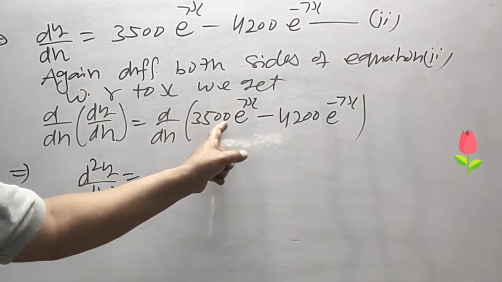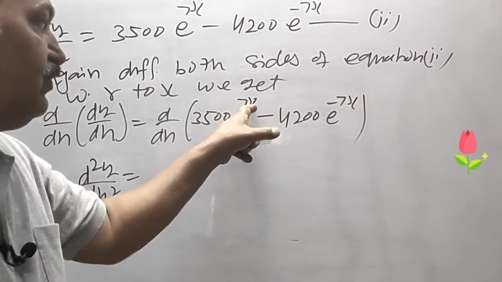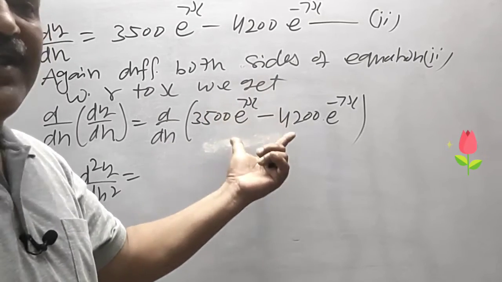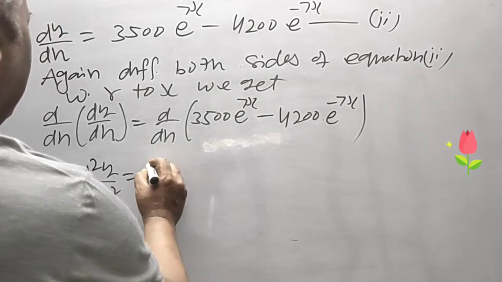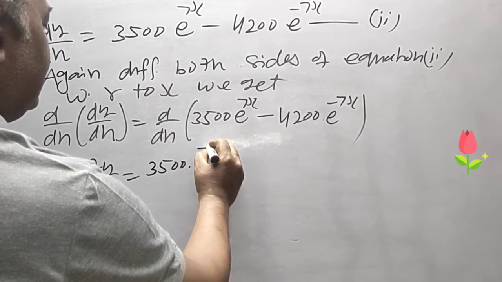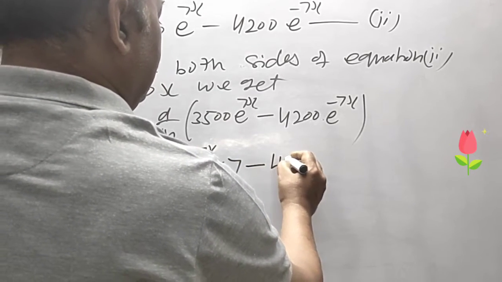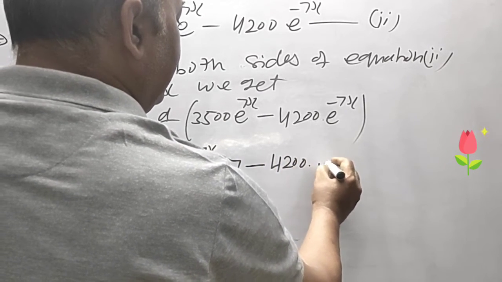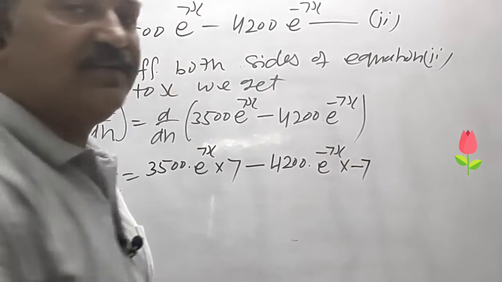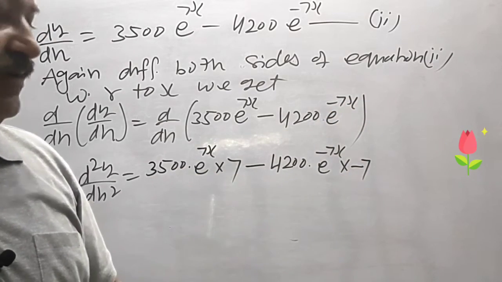to 3500 outside, derivative of e raised to power 7x is e raised to power 7x further derivative of 7x or multiplied by the coefficient of x. It becomes 3500 e raised to power 7x multiplied by 7 minus 4200 into e raised to power minus 7x multiplied by minus 7 or derivative of minus 7x, that is minus 7.